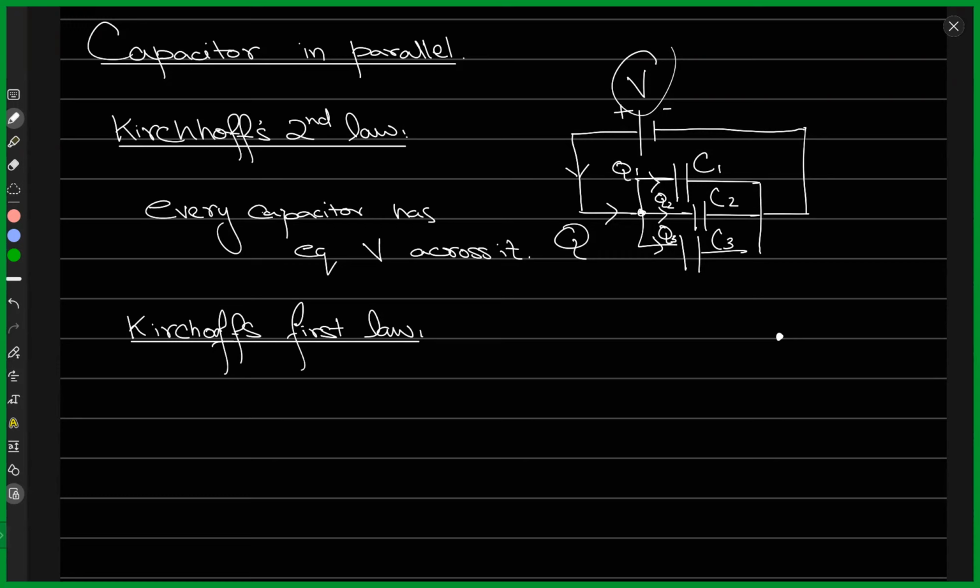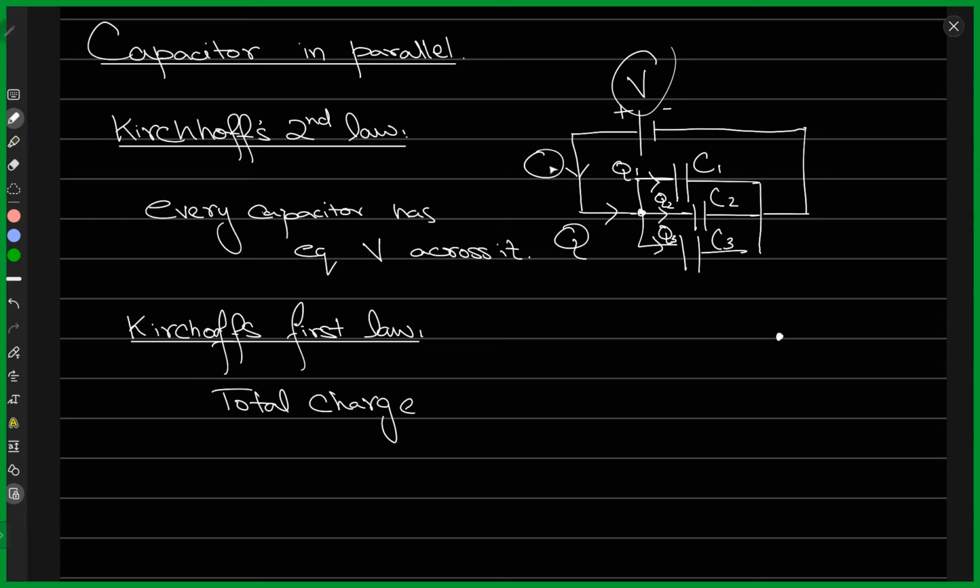Right? So what that tells you about this situation is that according to Kirchhoff's first law, the total charge that flows from this battery is the sum of the charges on each of these capacitors, right? Because no charge is lost.